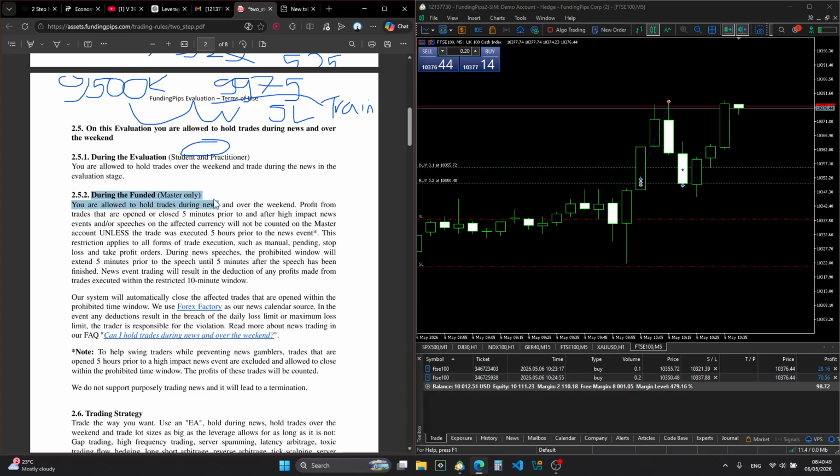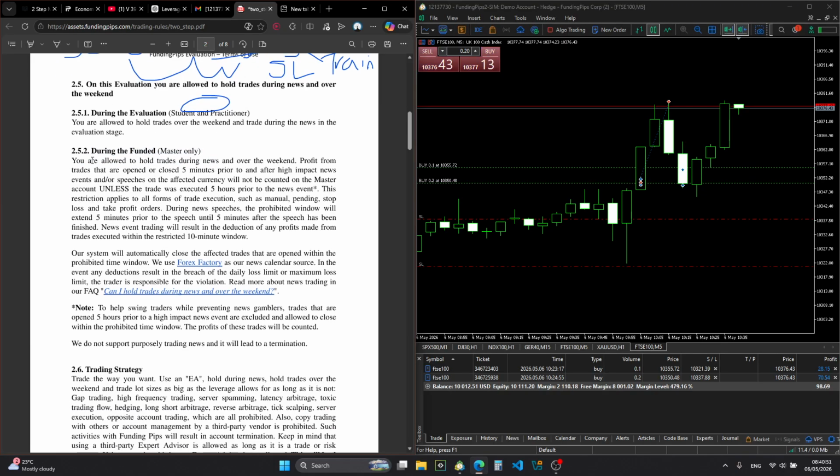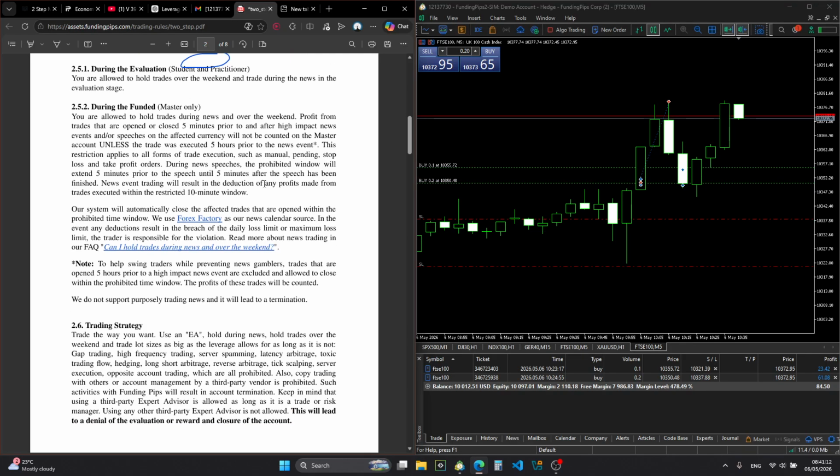During the funded phase, you are allowed to hold trades during news and over the weekend. Profit from trades that are opened and closed 5 minutes prior to and after high impact news will not be counted, unless the trade was executed 5 hours prior to the news event.